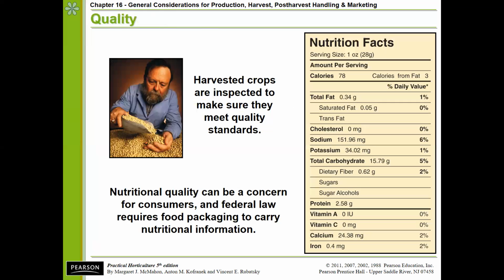So in some cases, especially if there's any processing taking place, there has to be nutrition facts listed on processed crops, and they also have to adhere to these nutritional standards. On large scale processed crops, there are inspectors and very stringent standards.